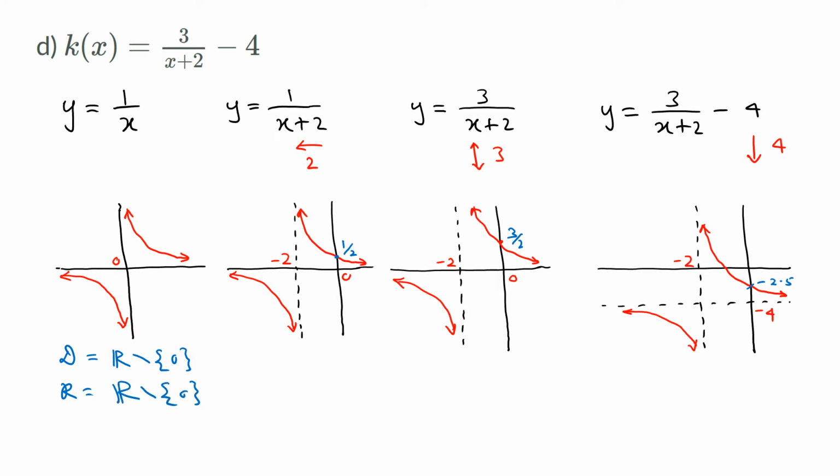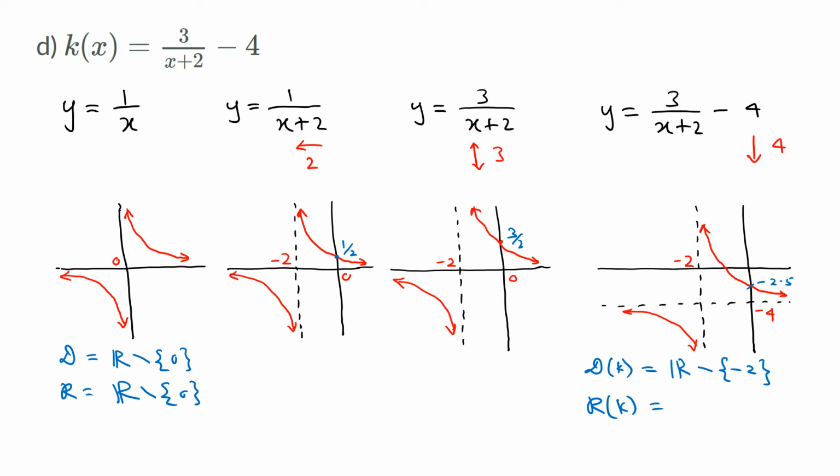So that's the range. But in the final graph, the domain of the graph, you can see you can plug in everything except at -2 there's no value, so you have to remove -2. So that means R, you remove -2, everything except -2. And for the range, you can see that it never equals -4.